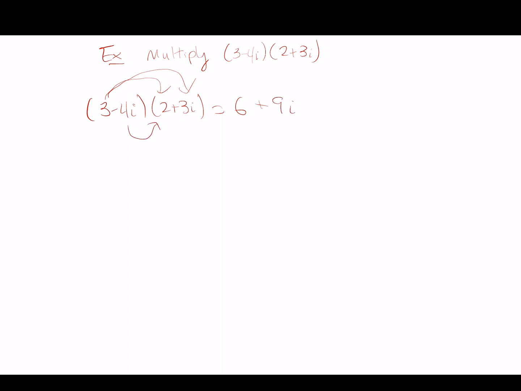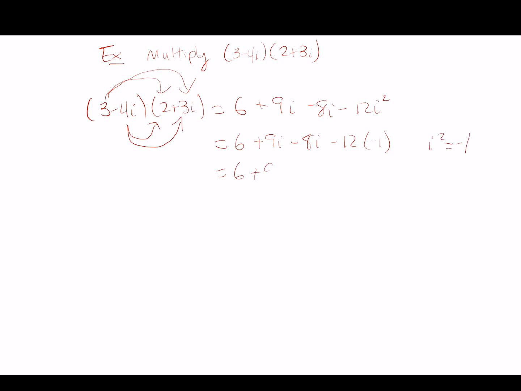Negative 4i times 2 is minus 8i, and negative 4i times 3i is minus 12i squared, not i. i squared is negative 1, so we'll rewrite that just so we can see it.